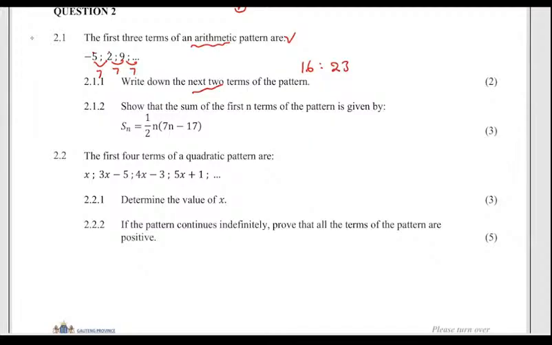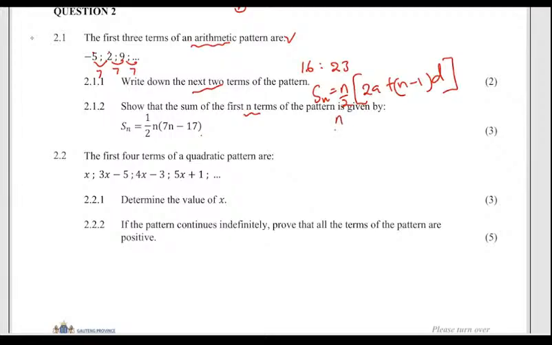Then can we show that the sum of the first n terms will be given as this? Now, there are 2 ways to do this. What we can do, we can say Sn is n over 2 into 2a plus n minus 1 into d. That's the formula for the sum of an arithmetic series.